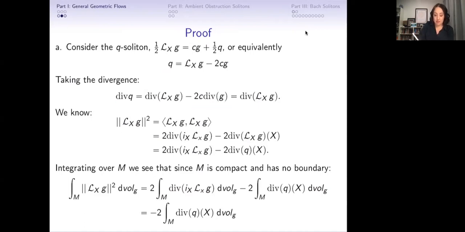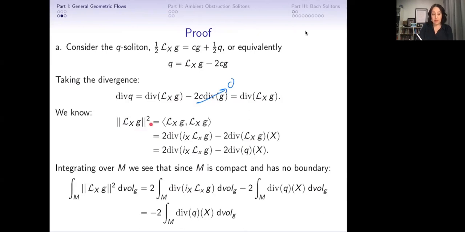And I see that this term goes to 0 because the divergence of the metric is 0. And so I'm left with the fact that the divergence of Q equals the divergence of my Lie derivative of G in the direction of X. We know, again, this is a math fact that I proved more thoroughly in my paper, but we know that the norm squared of our Lie derivative, well, that's the inner product of the Lie derivative with itself.